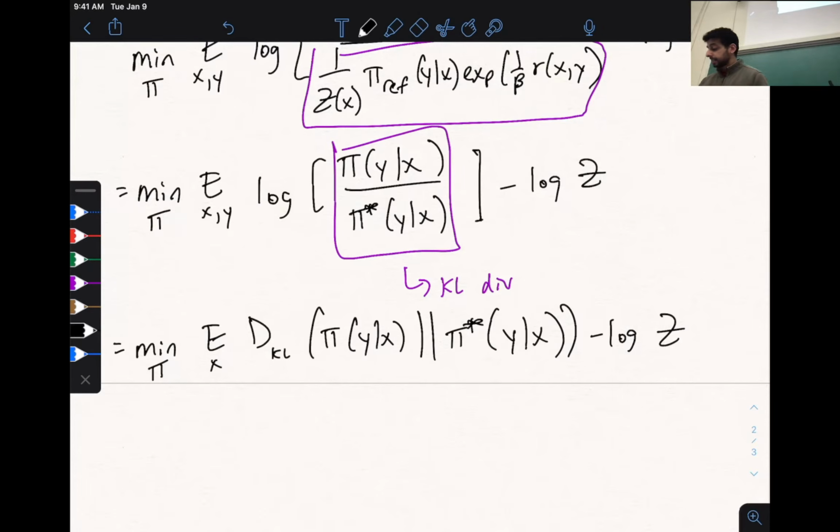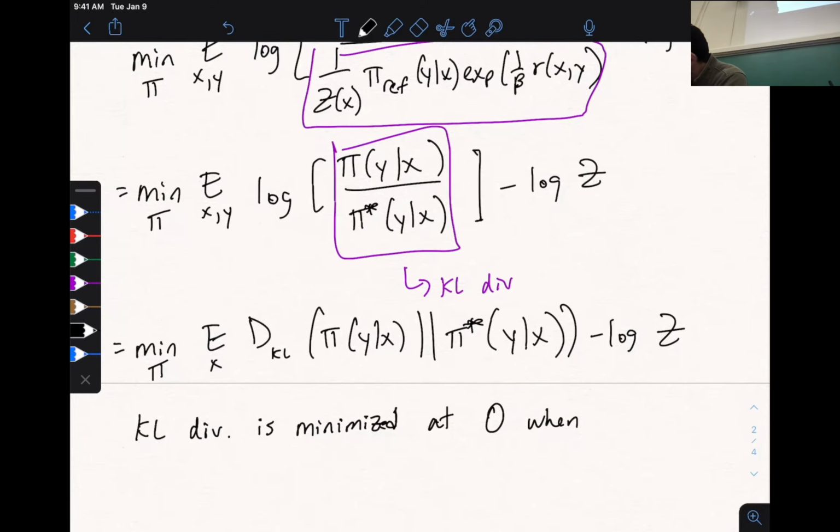So the KL divergence is minimized at 0 when pi of y given x equals pi star y of x.